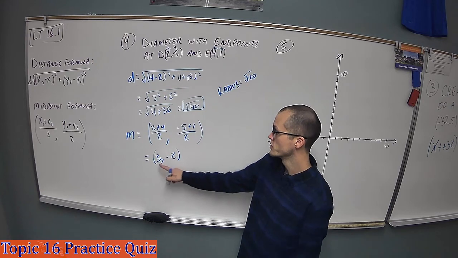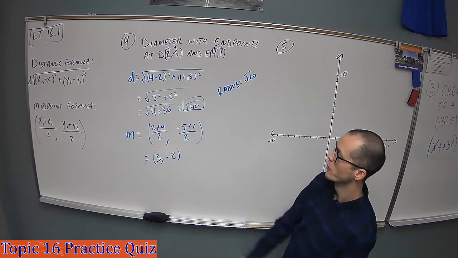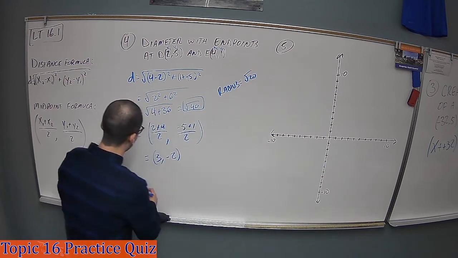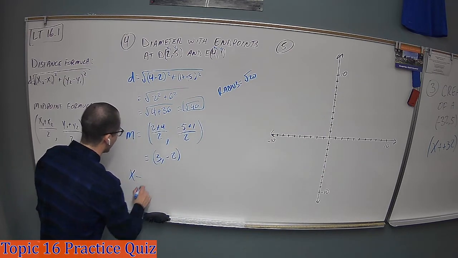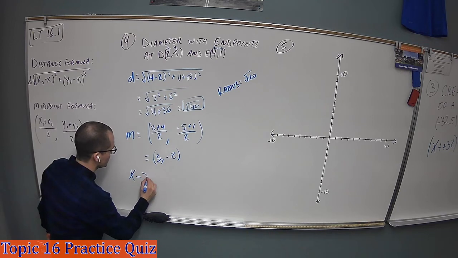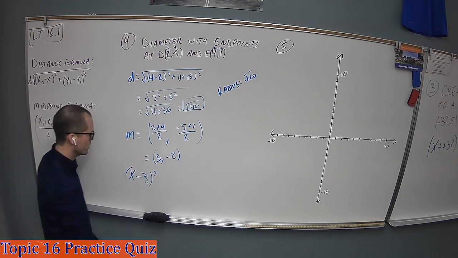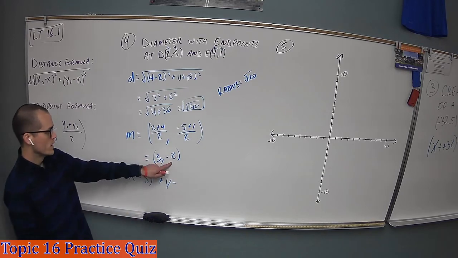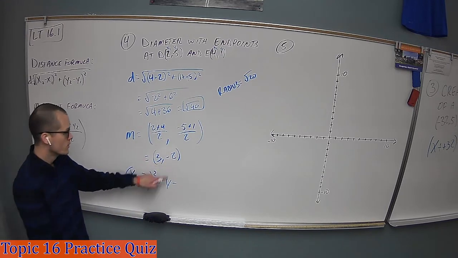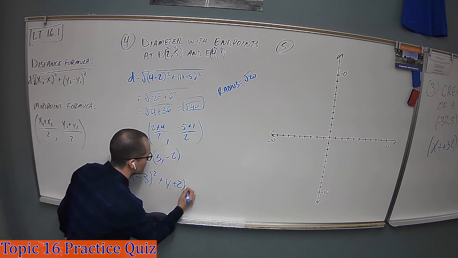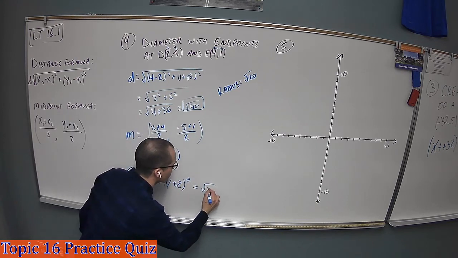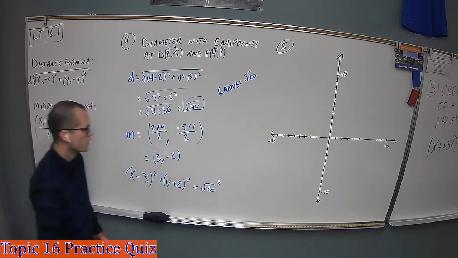So this is our H, this is our K, this is our R. So if I'm setting this up in the general form, it's going to be X minus H, which is 3, squared, plus Y minus K, but in this case, K is negative, so it's going to be Y plus 2, quantity squared, equals the square root of 20 squared.